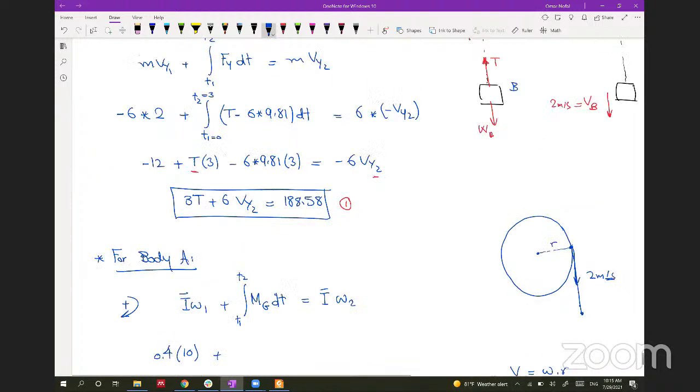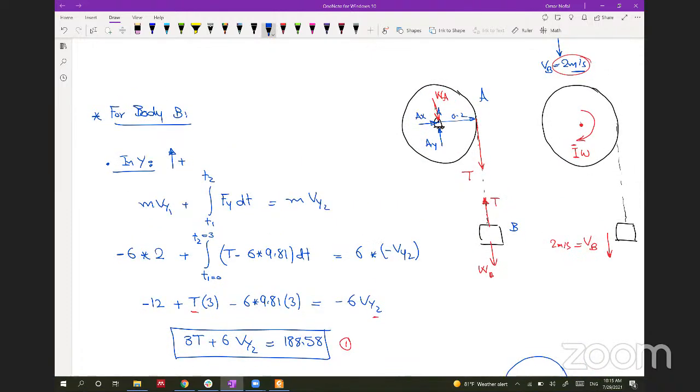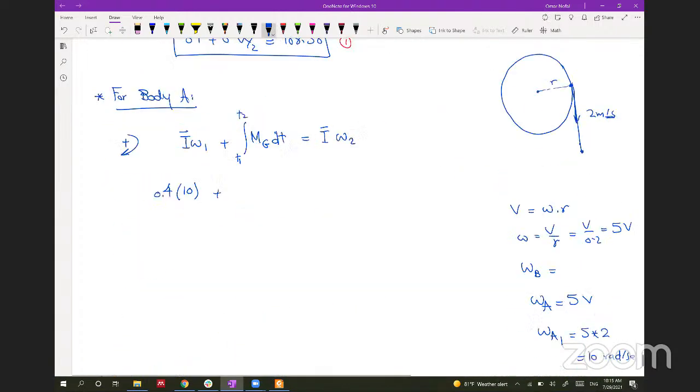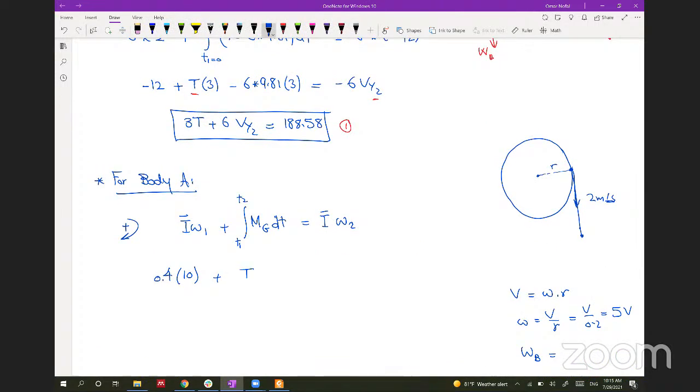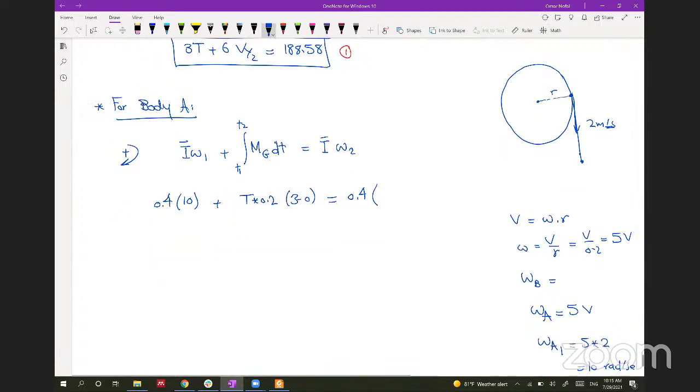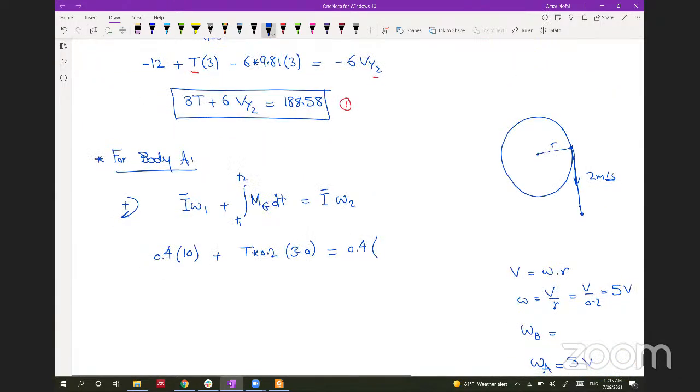The only force that makes moments is the tension multiplied by 0.2, so don't forget the moment arm. So T multiplied by 0.2, integrated from T1 to T2, which is 3 minus 0, and this should be equal to I bar, which is 0.4, multiplied by omega 2, which is 5 multiplied by V2.